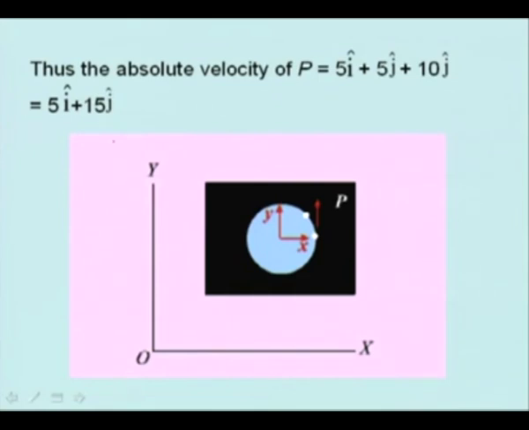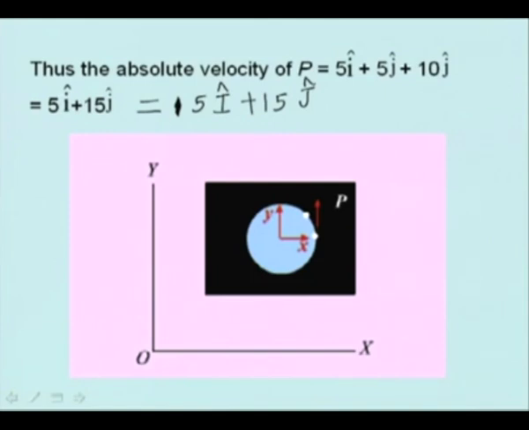One has to notice that although I am talking about the absolute velocity of particle P, the answer has been expressed in terms of the unit vectors in the moving reference frame. This is all right. If one wishes, one can write the final answer in this manner also, which is equally correct: 5I plus 15j, where now I and j may indicate the unit vectors in the absolute reference frame.